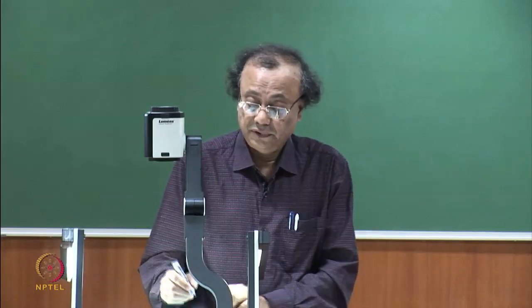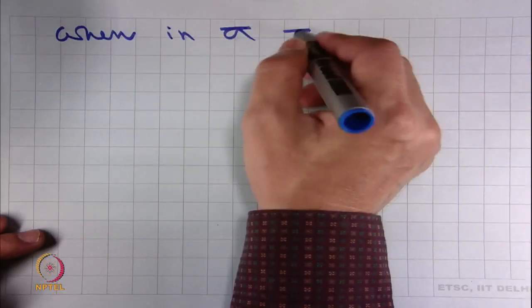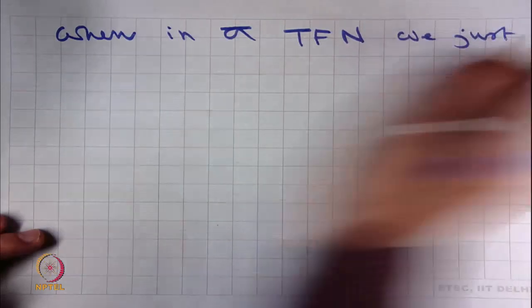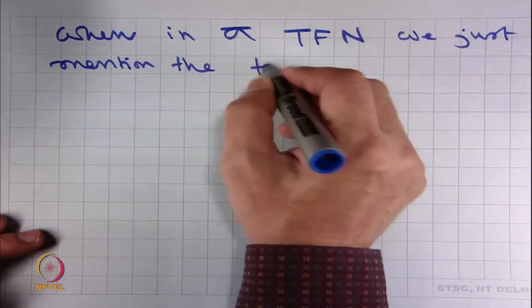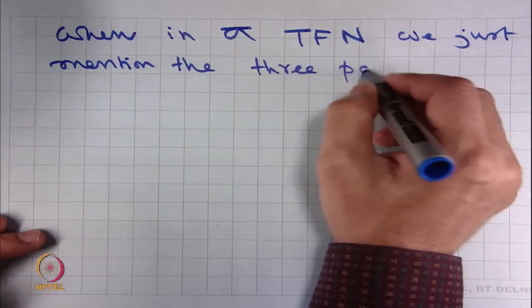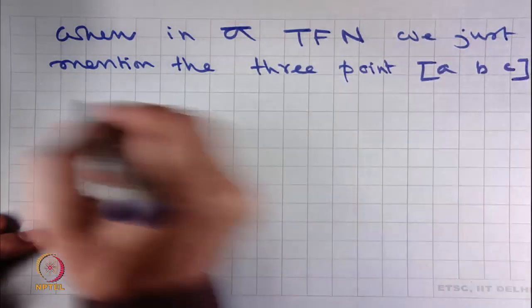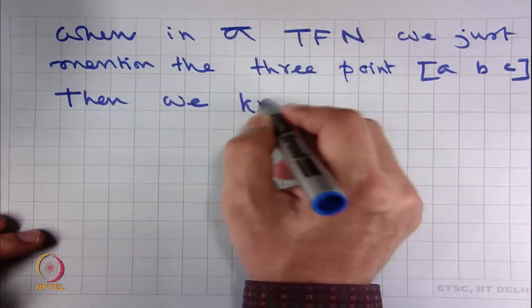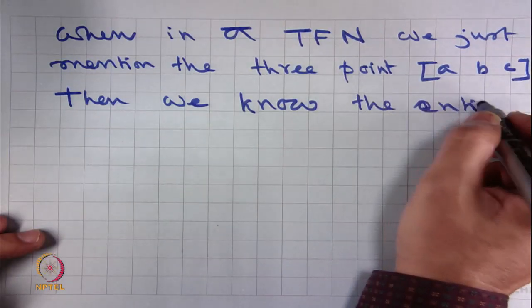Therefore, when in a TFN we just mention the 3 points A, B, C, then we know the entire fuzzy number.